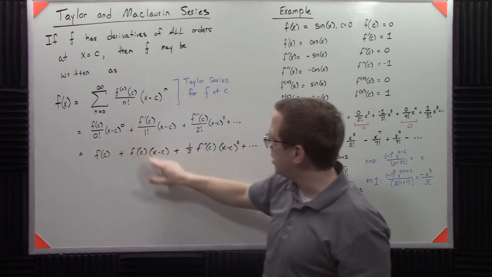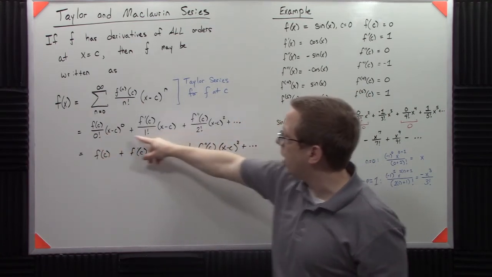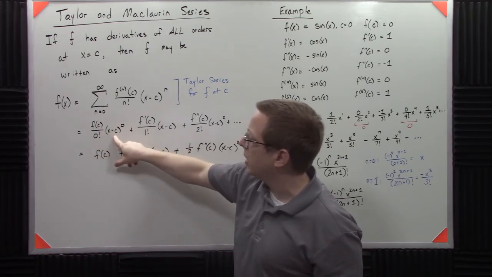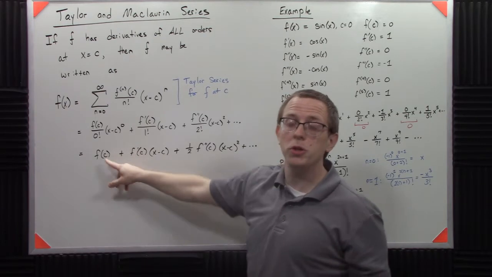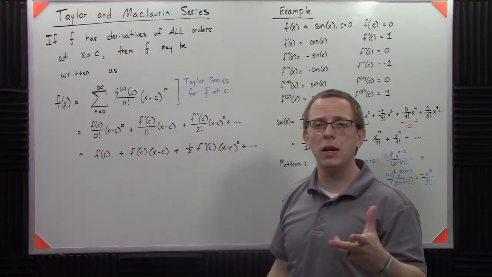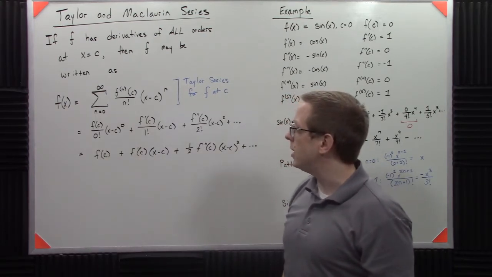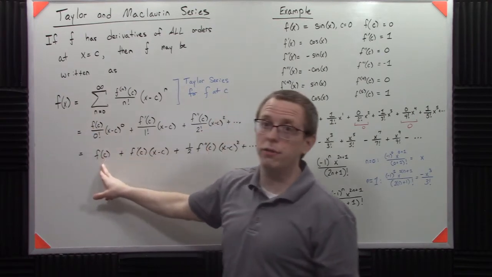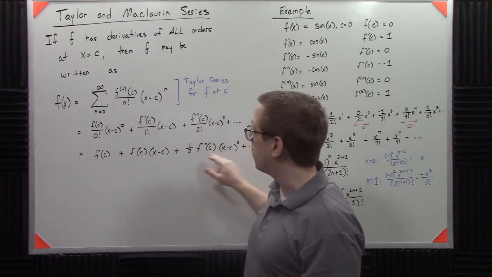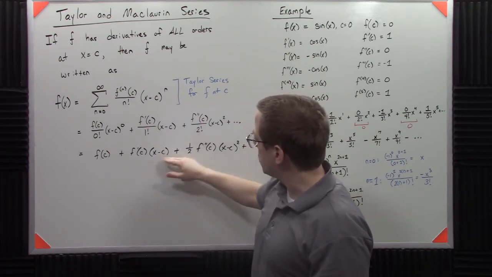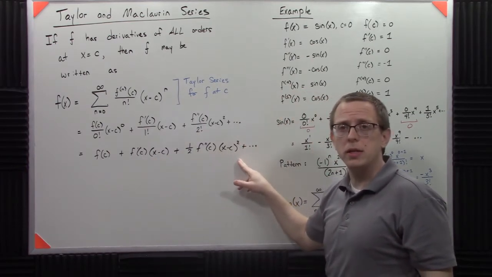This simplifies to these things here, right? 0 factorial is just 1, and then this to the 0 power is also just 1. So our first term is just the function at that point, which is kind of nice. It basically says that the function is approximated by the function value at that point, and then a bunch of polynomial terms from there. And you'll see that those polynomial terms increase in degree.